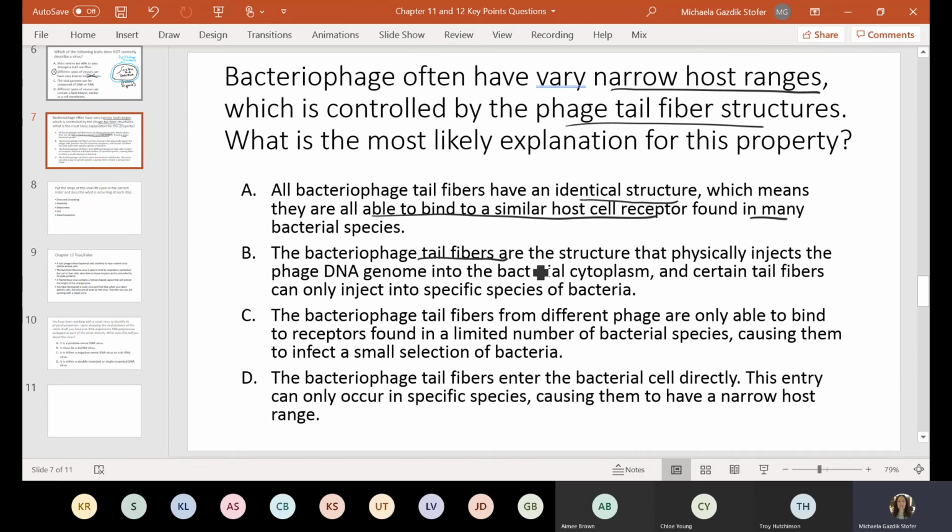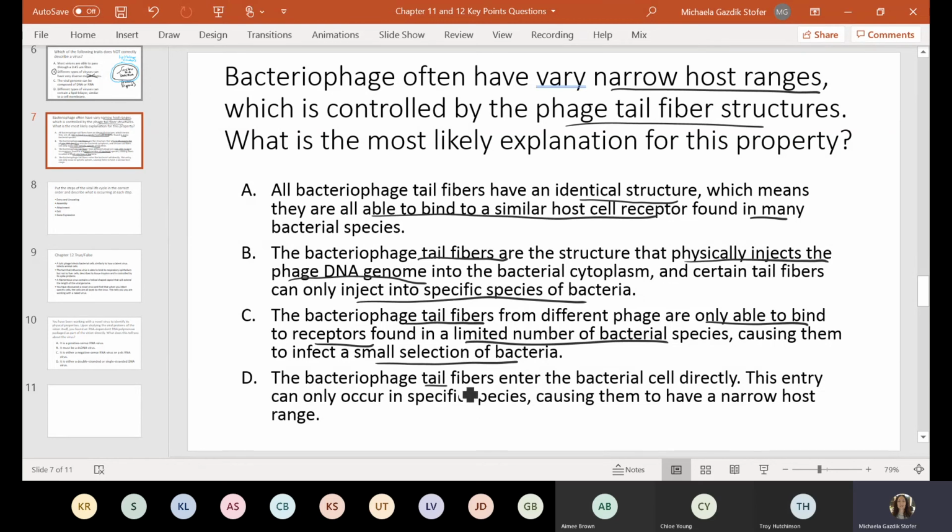B is that those tail fibers physically inject the phage DNA genome into the bacterial cytoplasm, and that certain tail fibers can only inject into specific species of bacteria. C is that the tail fibers from different phage are only able to bind to receptors found in a limited number of bacterial species, which causes them to infect a small section of bacteria.